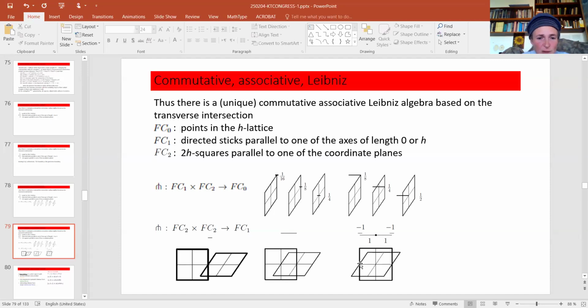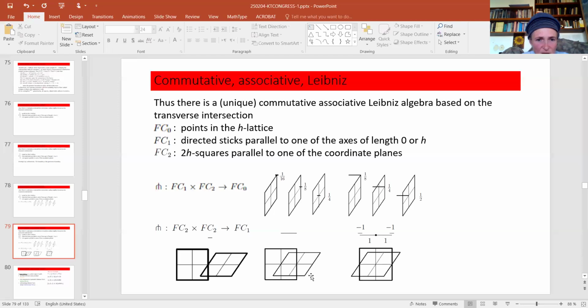And this is forced on you by everything we've said before, by linearity and the condition that on basis elements that do intersect in general position, the intersection is the geometric intersection.